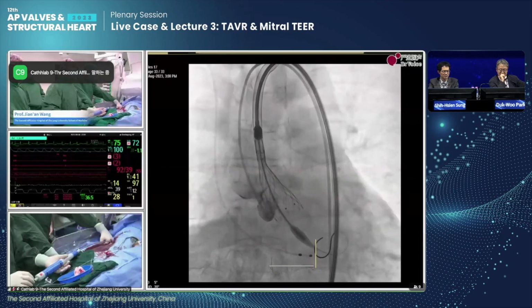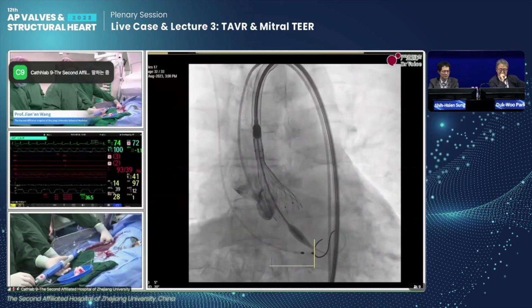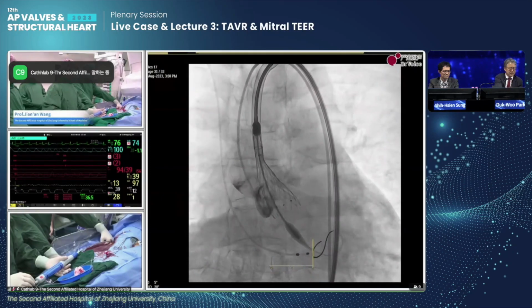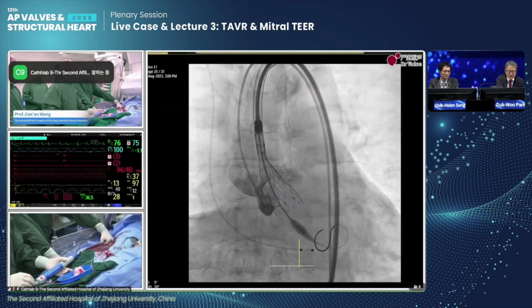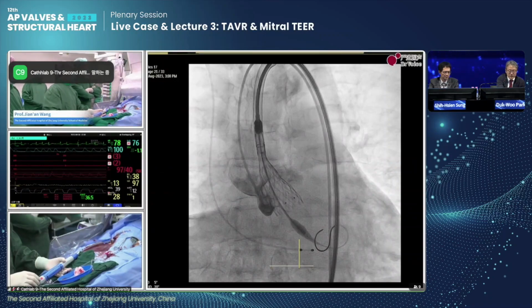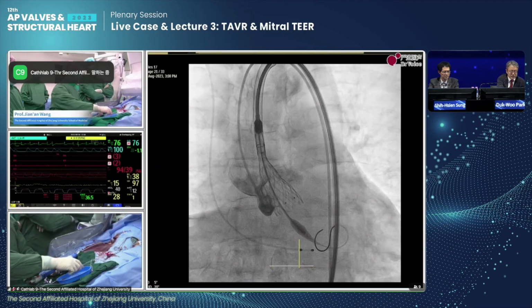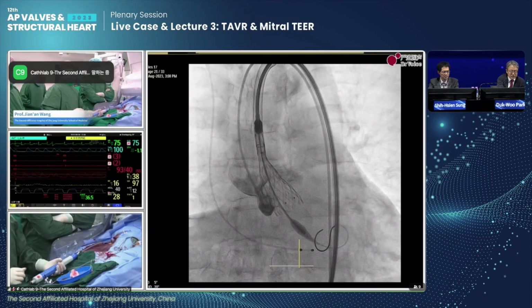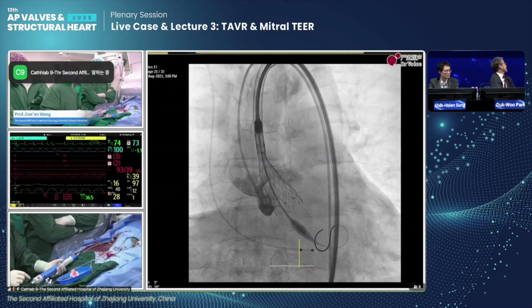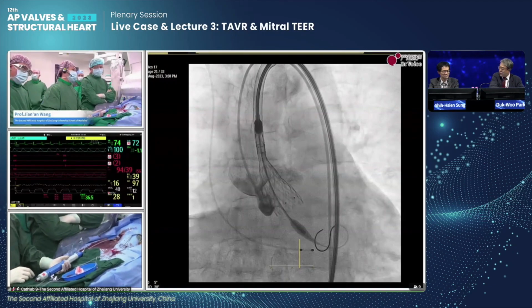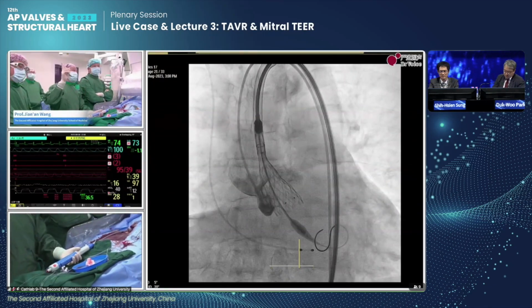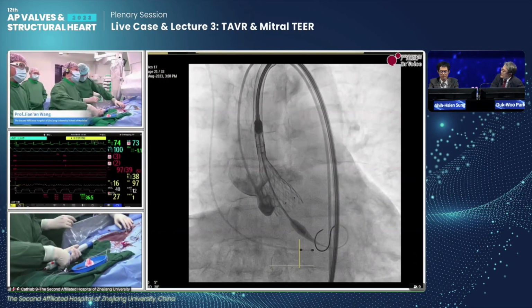From our experience, it is too low. We need a slightly higher deployment, about 3 millimeters higher. We welcome your comments, Professor Song and other panelists. I agree, I think it's low.